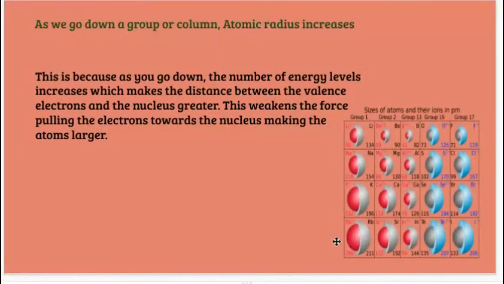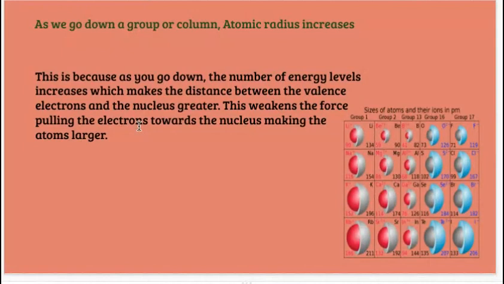And of course, this means the electrons that are in the highest level are further and further away from the nucleus. And because the distance between those valence electrons and the nucleus is larger, there's going to be a weaker force pulling the electrons towards the nucleus, and that will make the atoms larger.